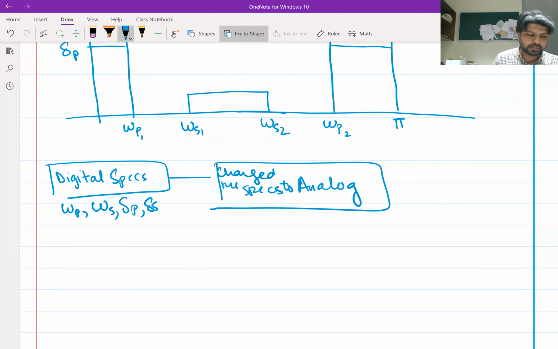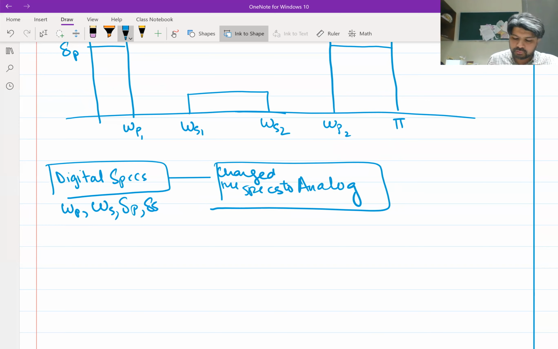For example, there was a tangent formula. These frequencies were related to each other through tangent of omega p by 2 for the BLT transformation. There was a linear connection between the analog and the digital frequencies for the IIT transformation.